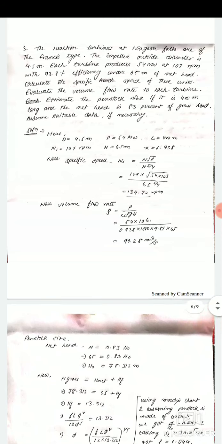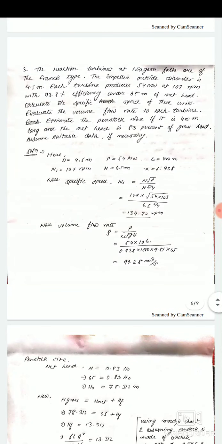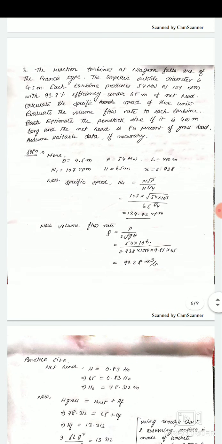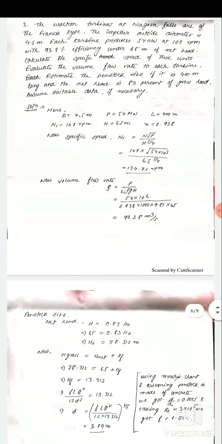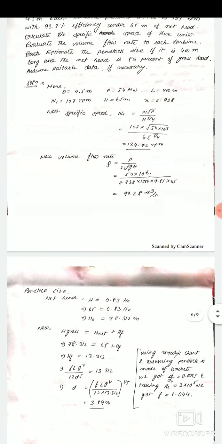After this we have to find out the penstock size. The question is: estimate the penstock size if it is 400 meter long and the net head is 83% of gross head. According to the question, the net head equals 0.83 of H, the gross head.